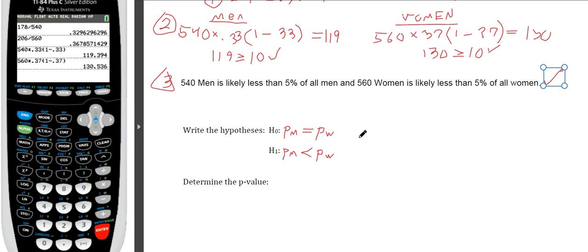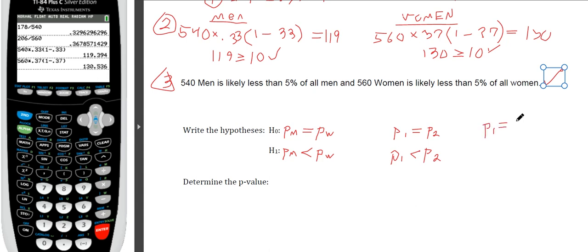This is how I typically do it. However, it can be done in another way. Some like to do it with P sub 1 and P sub 2. So they'll set up the null as P sub 1 equals P sub 2, and then P sub 1 less than P sub 2. If you do that, though, you have to define on the side what P sub 1 equals.